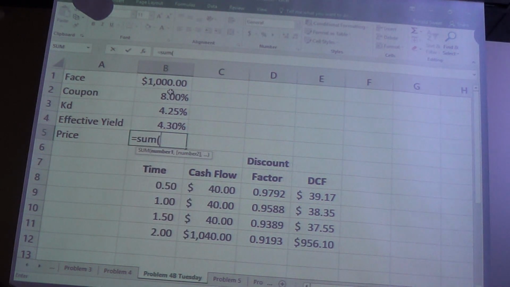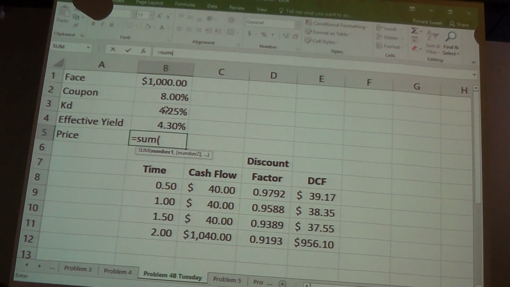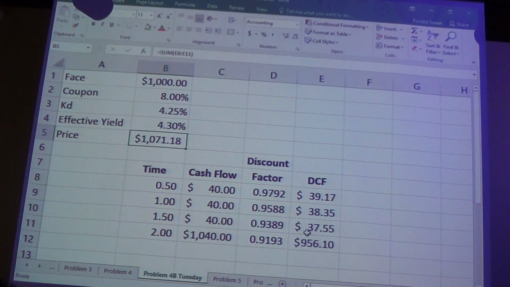We know here the coupon is greater than the KD. If the coupon is greater than the KD, then your price is going to be above $1,000. So that's one way you can somewhat check your answer. Sure enough, there it is, above 1,000.